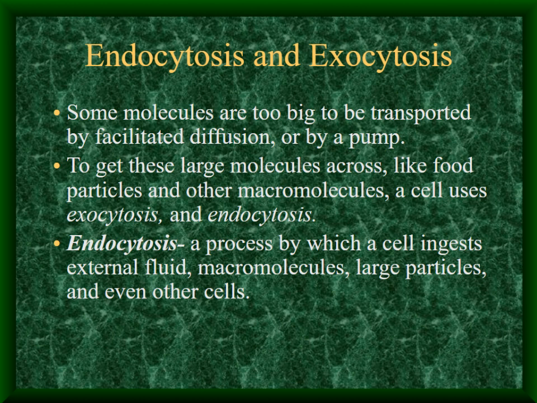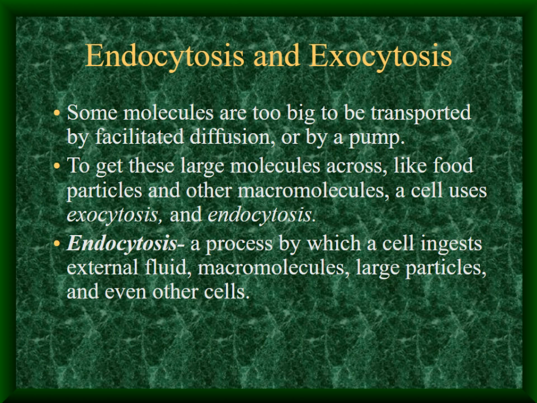Endocytosis and exocytosis. This is part 2 of our notes. Some molecules are too big to be transported through facilitated diffusion or by a pump. To get these large molecules across, like food particles or protein, the cell uses exocytosis and endocytosis.